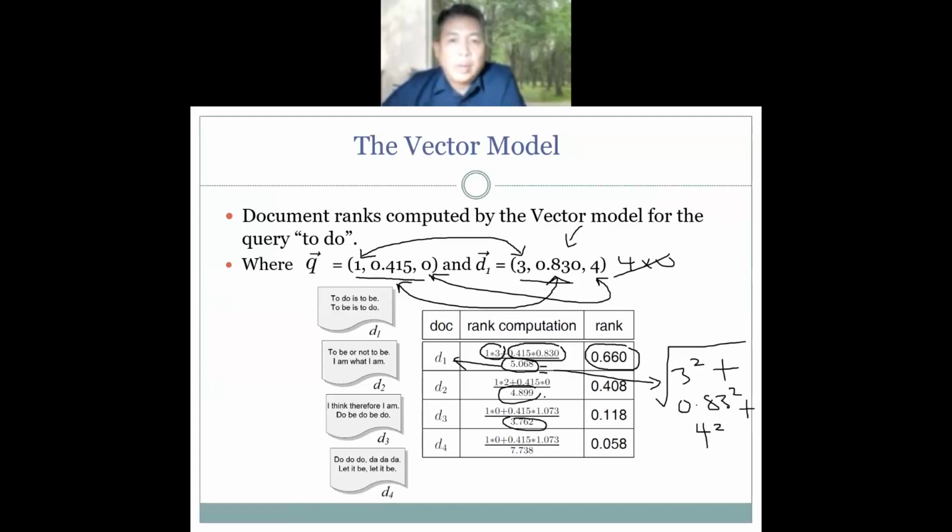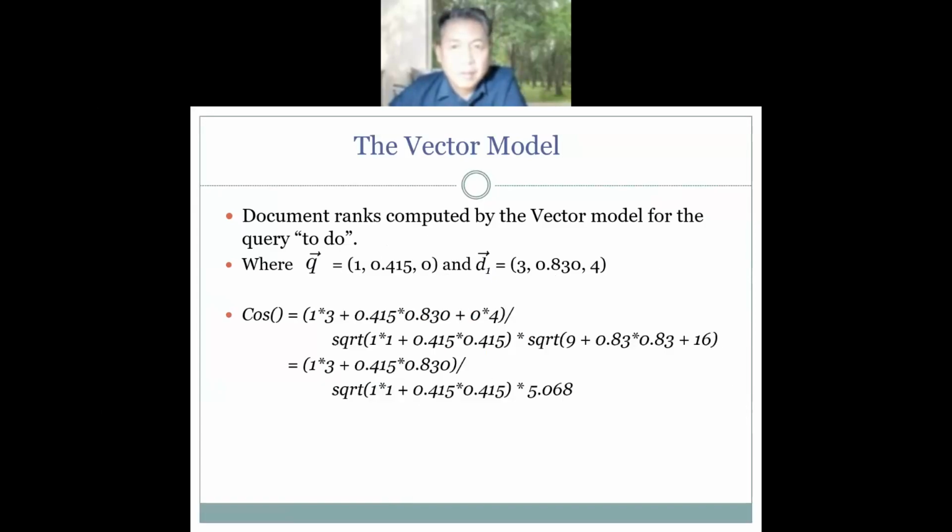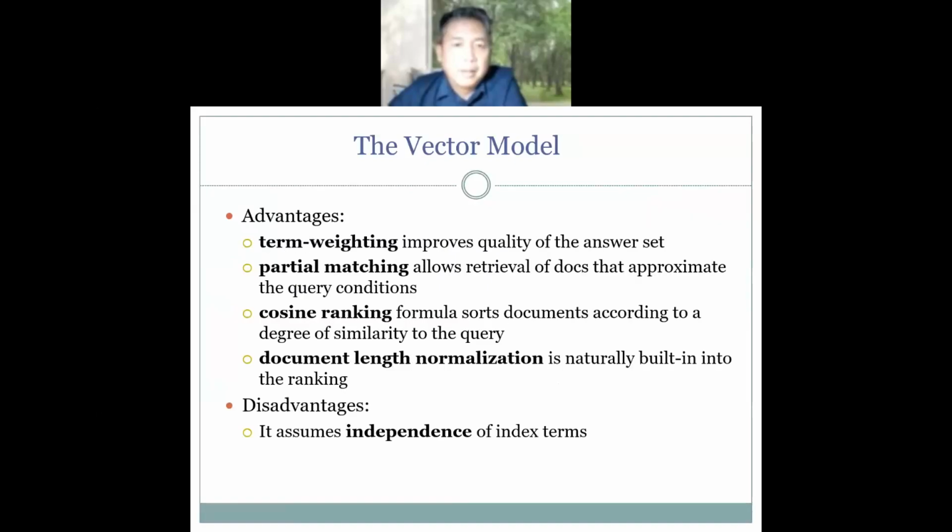Okay. So when we perform the ranking using the cosine, this is the value. The bigger the value, the more similar they are. So this is the calculation that we get. Basically, they are the same.